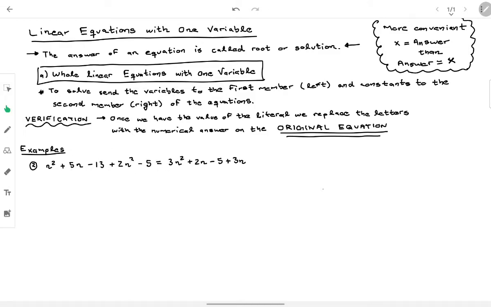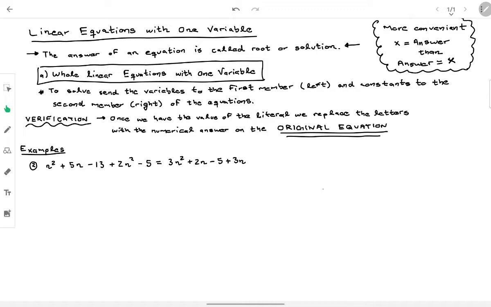But we will see that when we get the variables in the first member of the equation, all those that have the second power will disappear, and this specific equation will be a whole linear equation. So that's very important. We first need to check out if the letters do not disappear between themselves, and this equation will be a linear one and not a second degree equation. So let's see how to solve it.